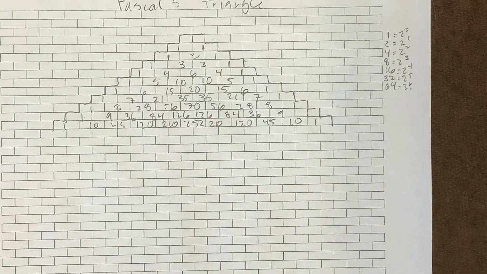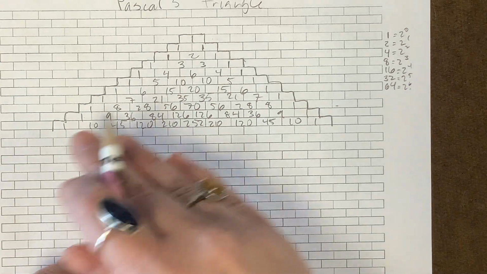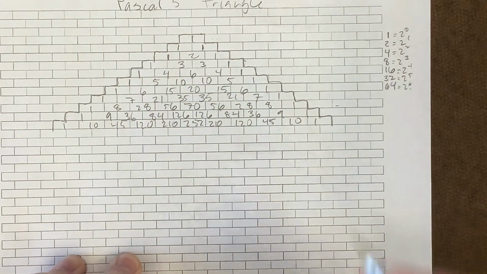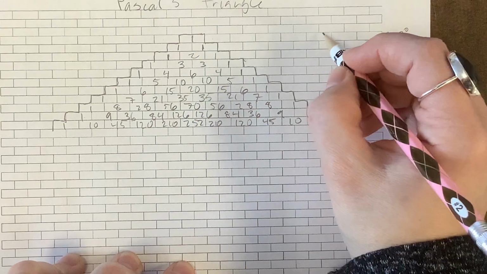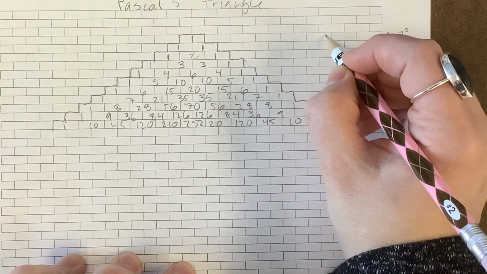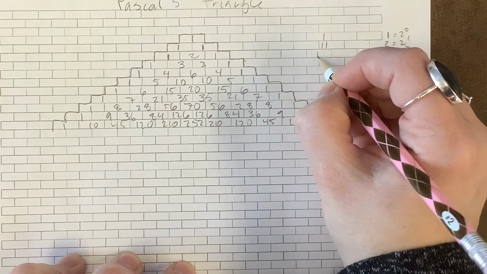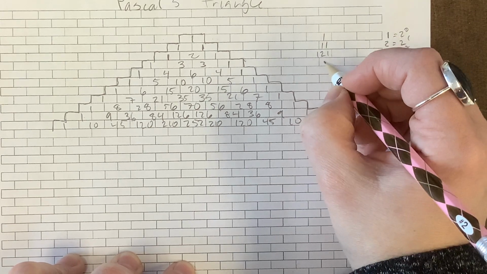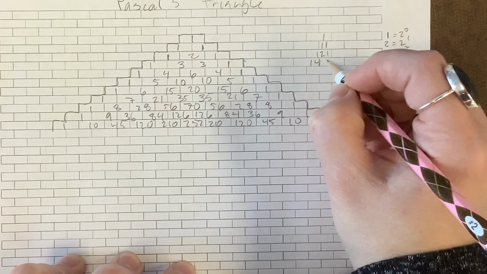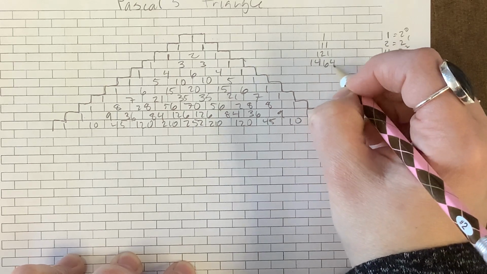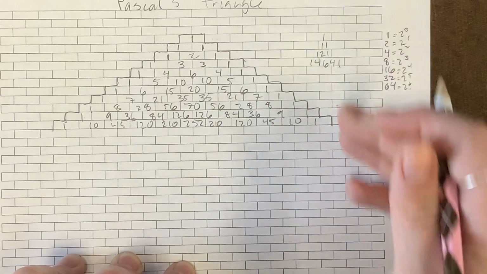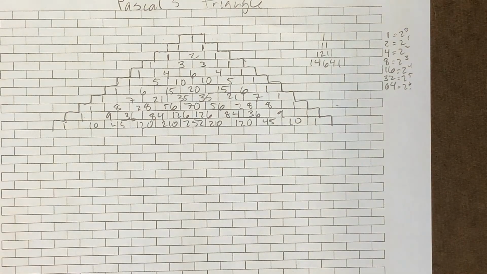But there are also other powers involved in the triangle. So if we just take these rows across as numbers, this would be 1, and then the next row would be 11, and then the next row would be 121, and the next row would be 14,641, and so on and so forth.